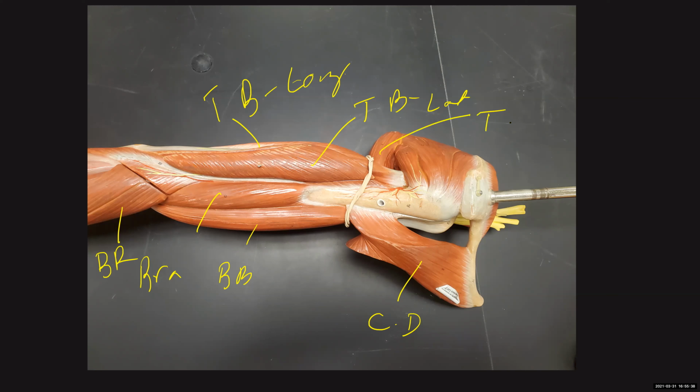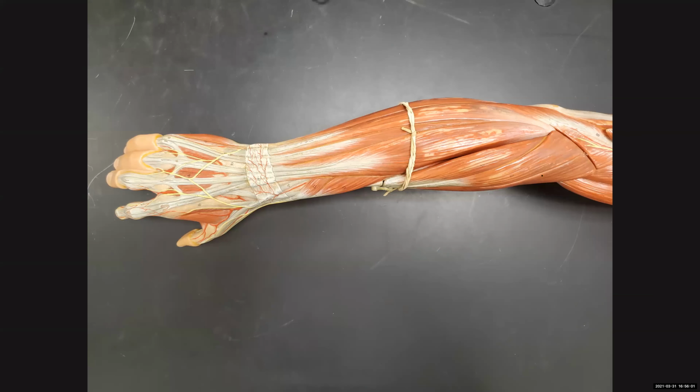So here you can see the teres major. This is teres minor, infraspinatus. Okay. So here, just to show you again the brachioradialis, biceps brachii, brachialis.